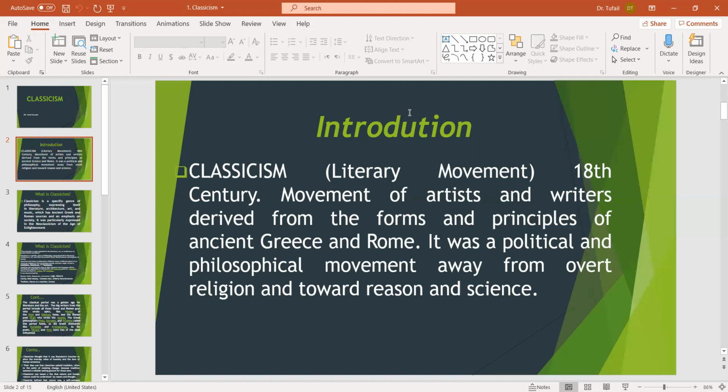Actually, it is a fact that the ancient writers wrote their literature very creatively, and they had a wonderful balance between thought and feelings, emotions, and they were quite perfect in their form and structure.